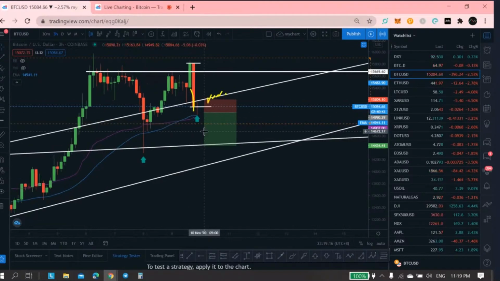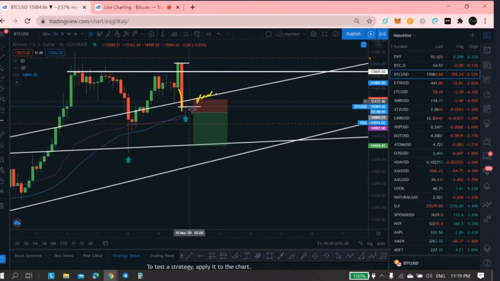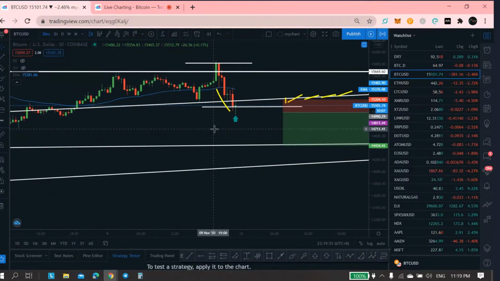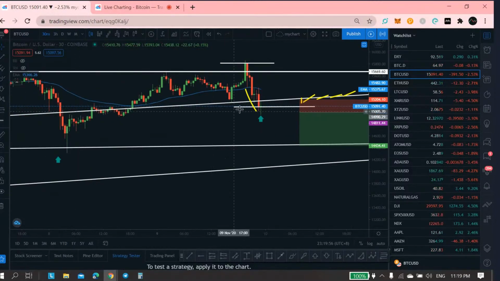So yeah, it could possibly be a dragonfly doji or a doji or possibly a pin bar. So yeah, there you go, guys. 15,094. So that's 3 hours, and this one is, yeah, seems like it's holding at the 30-minute time frame. So where are the EMAs here? There.